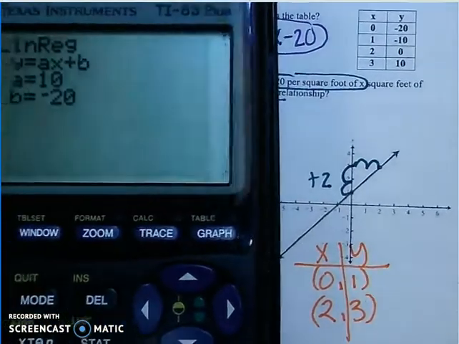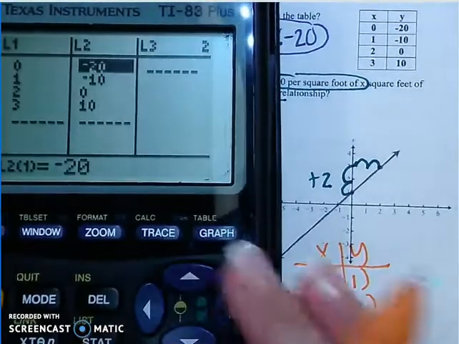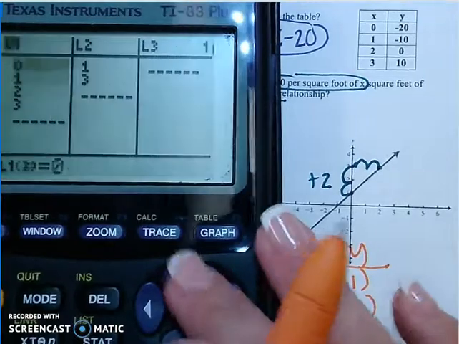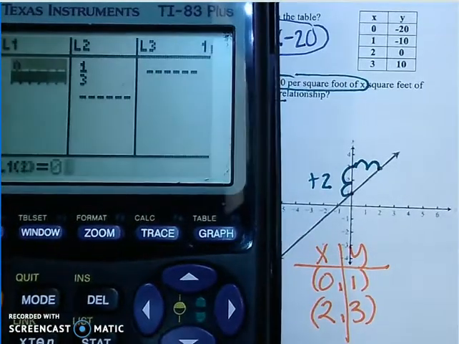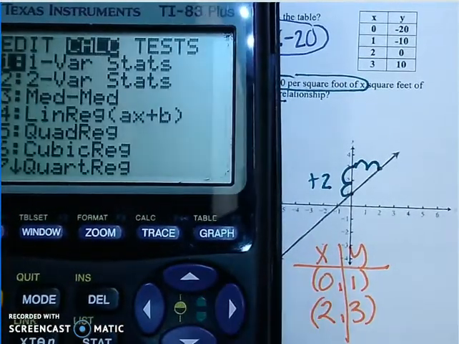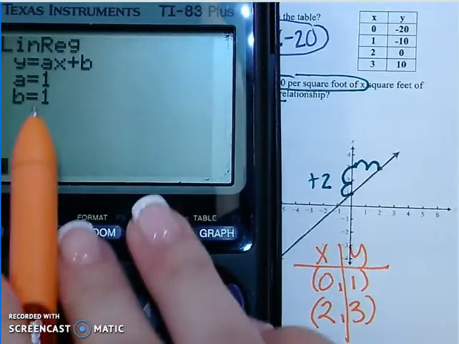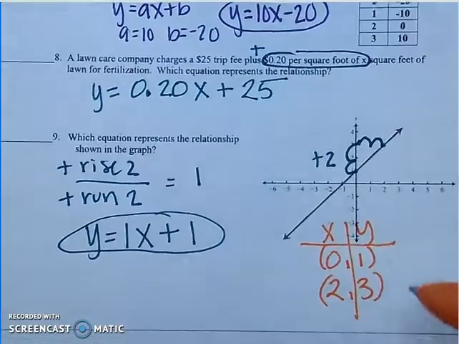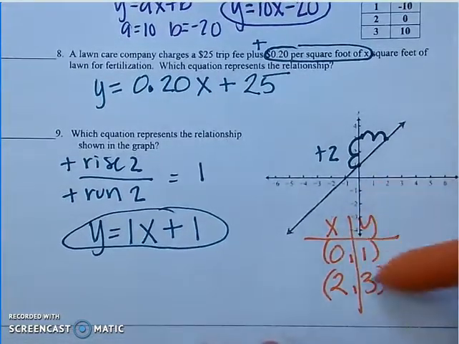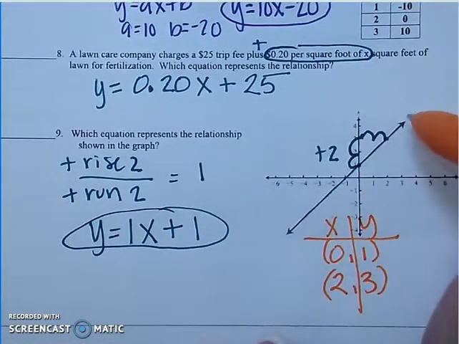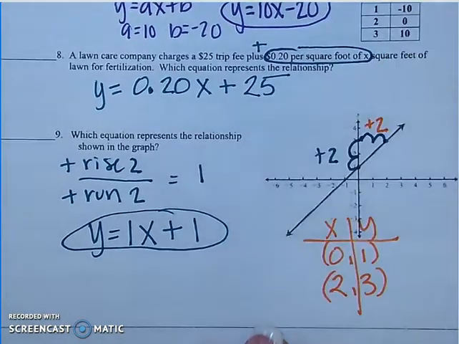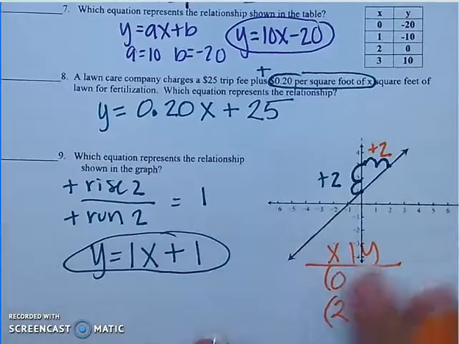So in here, we go to Stat and Enter. Let's clear that out. Stat Calc for 1x plus 1. And that's exactly what our equation was. It's very important that you're able to put this in as a table or read that line on that graph. This was plus 2 also. Okay? Beautiful.